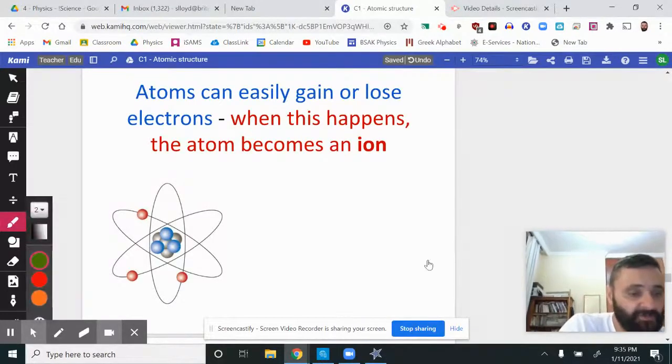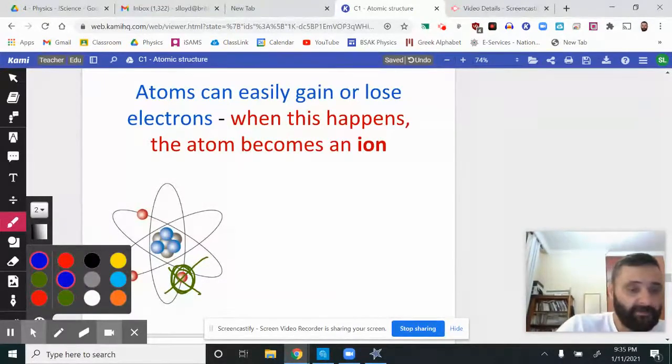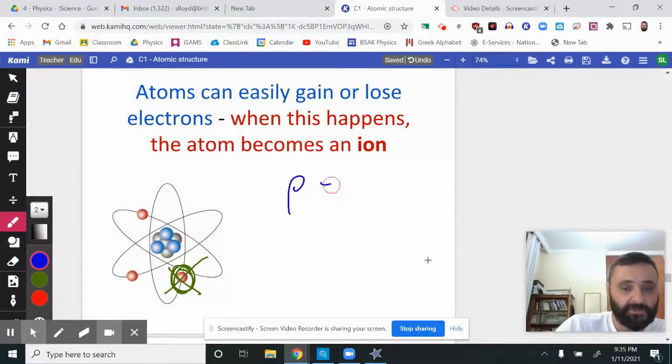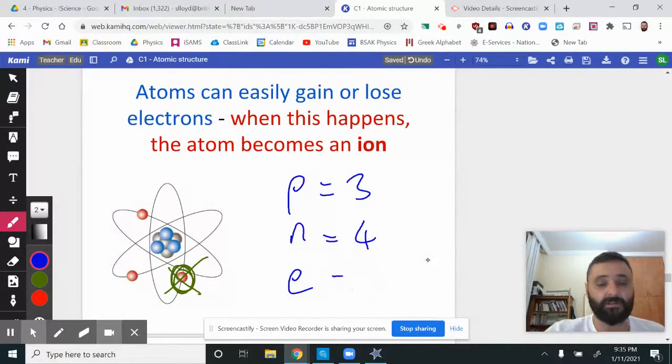So when lithium becomes an ion, one of these electrons disappears. We've still got 3 protons. We've still got 4 neutrons. When atoms become ions, nothing happens to the nucleus. The only thing that happens is electrons are either lost or gained. Now, we've lost an electron with lithium, so we've now got only 2.